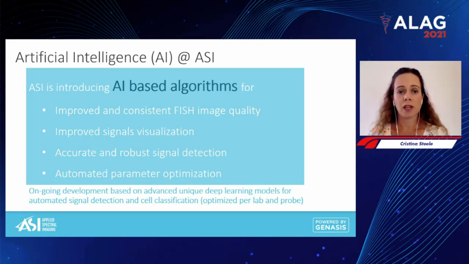Improving the signal visualization will allow the software and the end user to more accurately perform signal detection. And with this deep learning model, it will be optimized per each individual lab and per your specific probe. So it is learning as you are correcting the software.